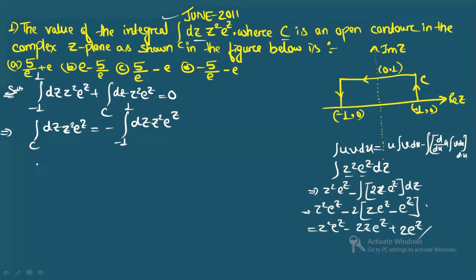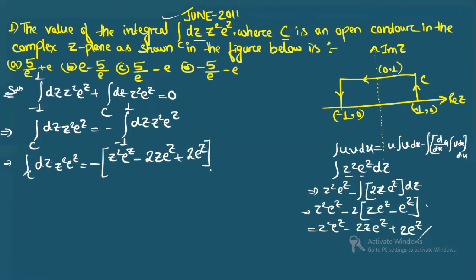Writing the same thing, the left hand side will be as it is, and on the right hand side there is a minus. Here you write z square e to the power z minus 2z e to the power z plus 2 e to the power z, from -1 to +1.